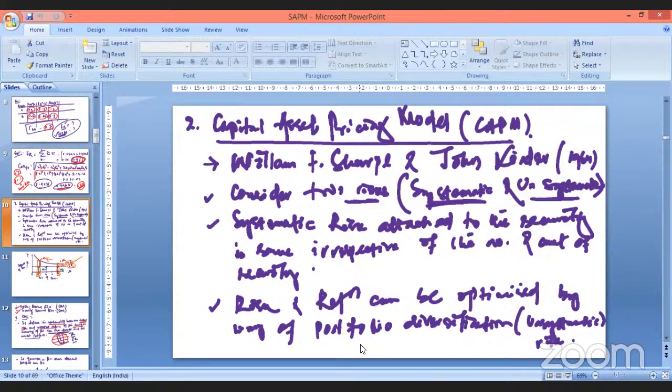Okay, so in the third point, systematic risk attached to the security is the same, irrespective of the number of securities or the amount of the security.